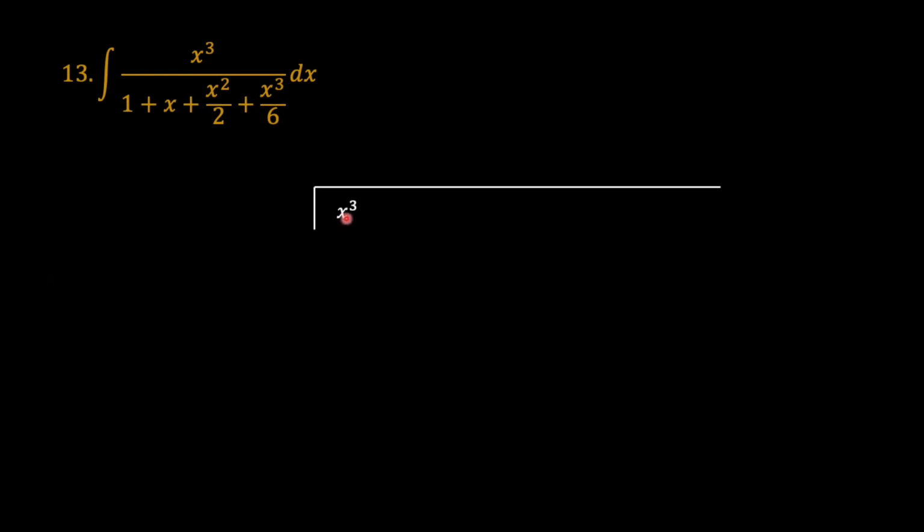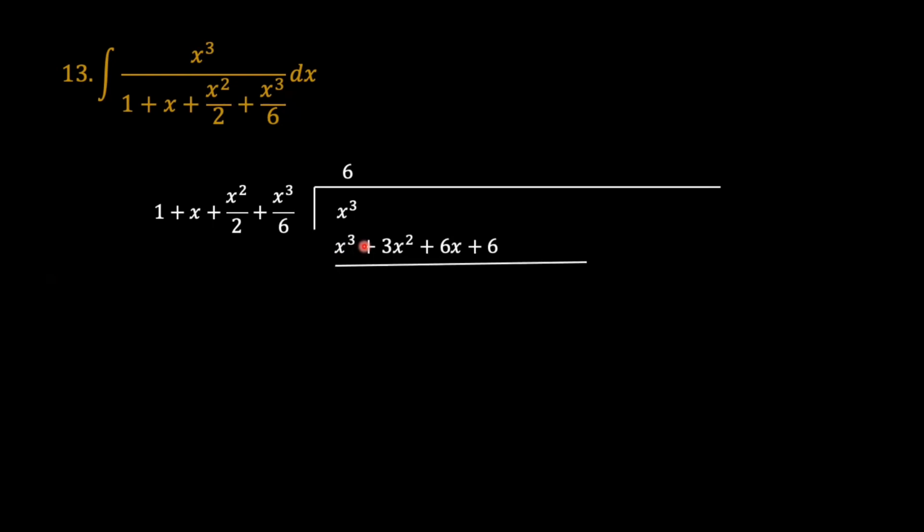We have x to the power 3 in here, and then we divide that by 1 plus x squared over 2 plus x cubed over 6. So we'd have to multiply that divisor by 6 so that we have the same constant for the highest degree here. And so when we subtract x cubed plus 3x squared plus 6x plus 6, we get negative 3x squared minus 6x minus 6.